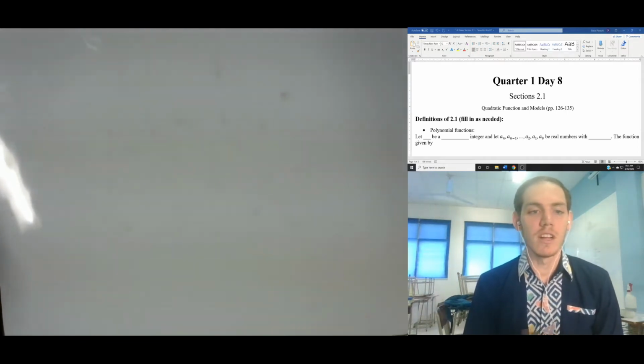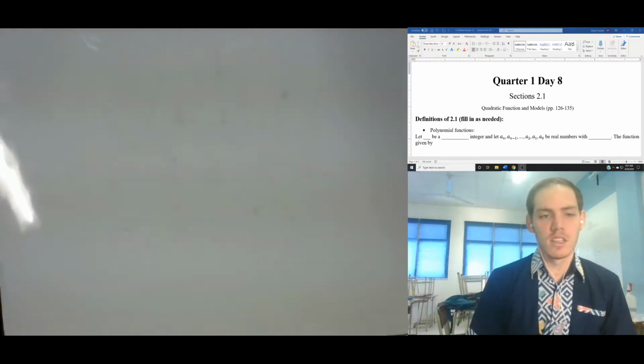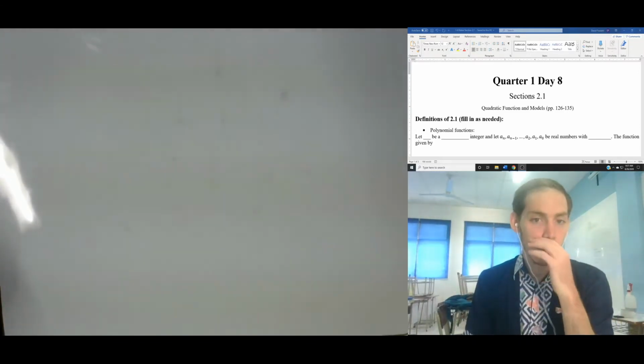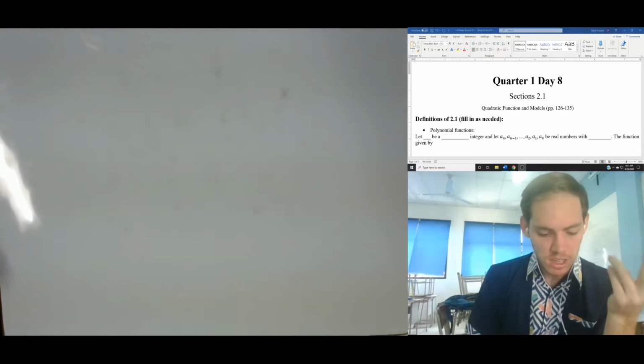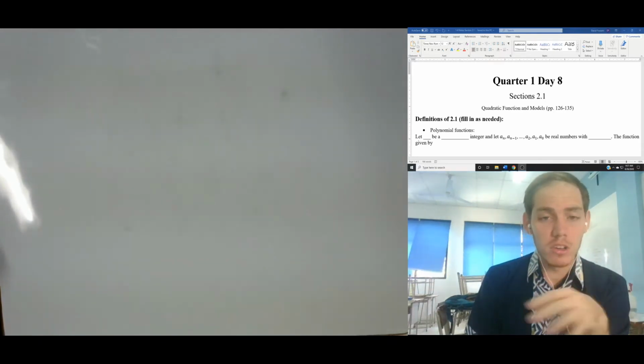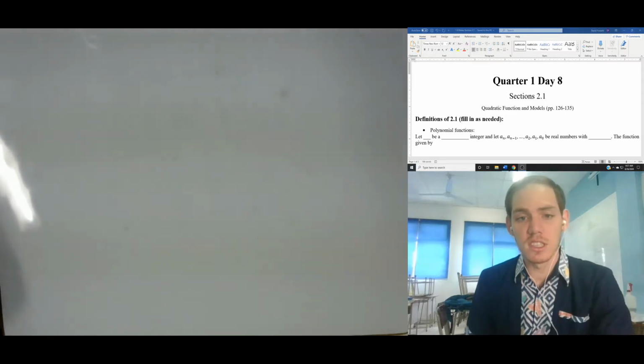So if you're like, well, I know quadratics, well, it's going to challenge you with that idea. So these definitions that I put on the first page of the notes are crucial. The polynomial functions, standard form, quadratic function. All those will be part and parcel to what we will learn this semester.